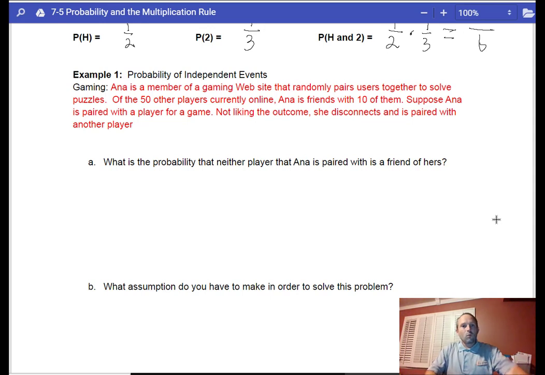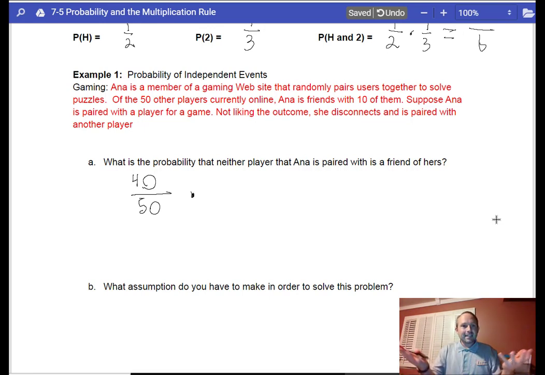So when she connects, she has 10. So it's asking, neither is a friend. So how much is not friends? Well, that would be 40. The probability that she gets a randomly chosen one would be 40/50. Well, what's the outcome that it happens again?